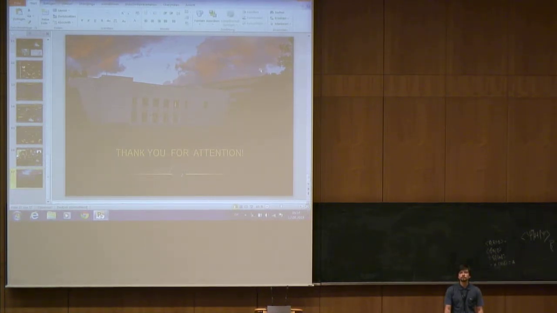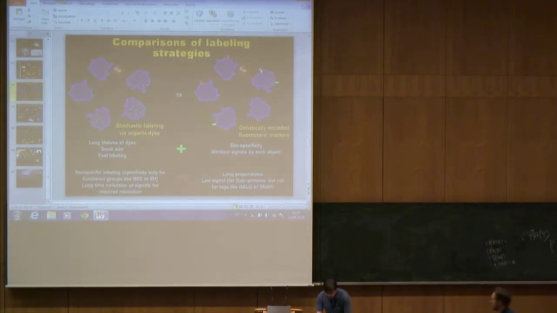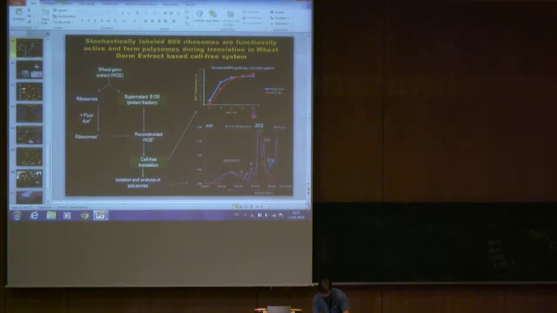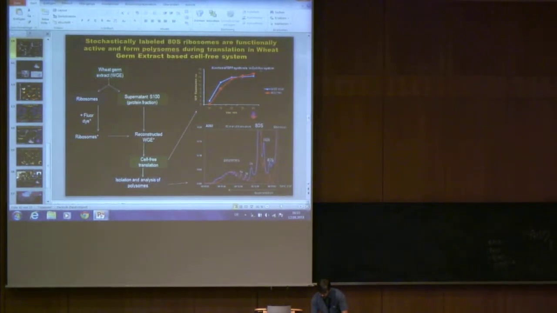I have a question about the beginning of your slides. You said that you use slides that are silanized, right? They are coated by a silane. The question is, how does the ribosome bind to the cover slip?